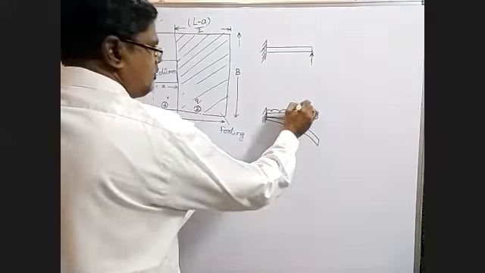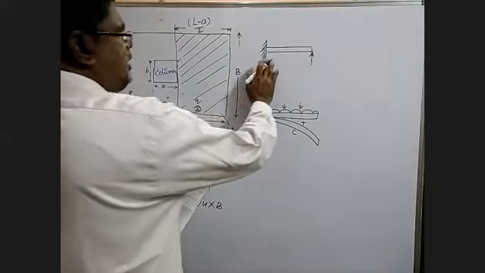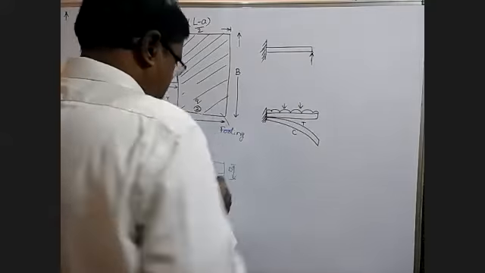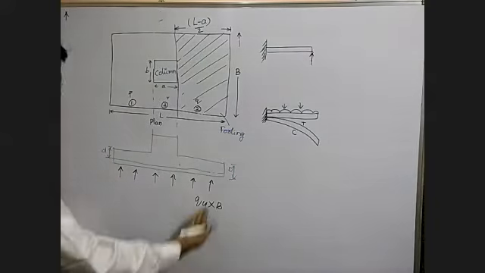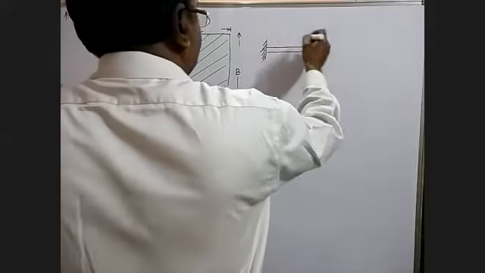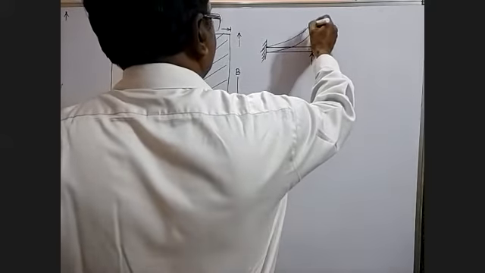Now here the load is acting downwards. See here, the load is acting upwards because this is a soil pressure. The soil pressure is acting from below, so now there is a deformation like this.